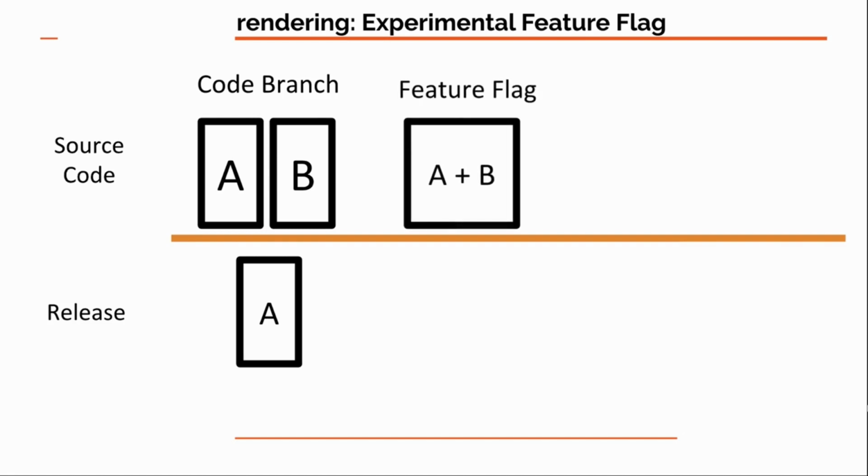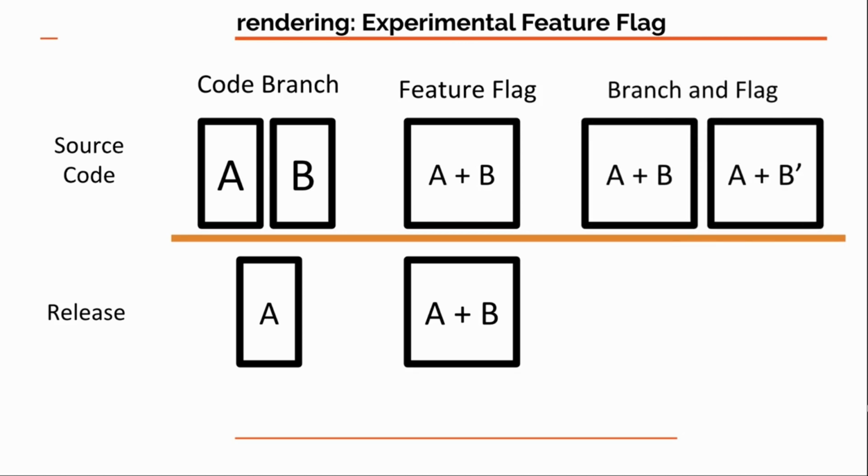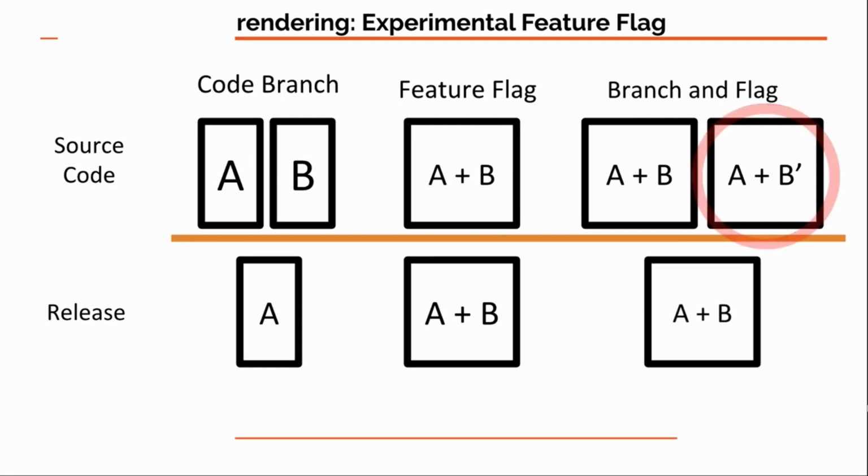So a feature flag means both code paths are implemented in the same code base. And when you release it, you release both. Now, a lot of people object at this point and say, hey, you're going to replace Git branches with feature flags. And the answer is no, you actually use both. Okay, so that's what we did. By both, what I mean is Napari includes mainstream Napari and it includes the octree.